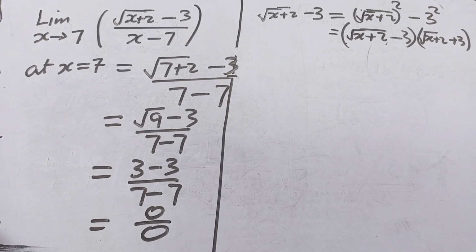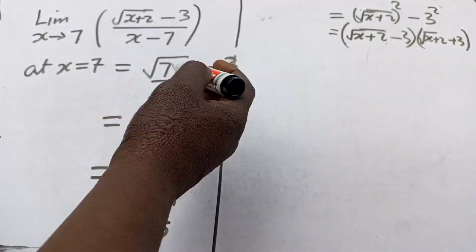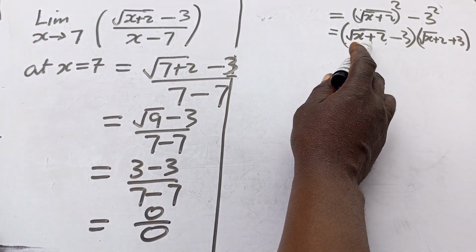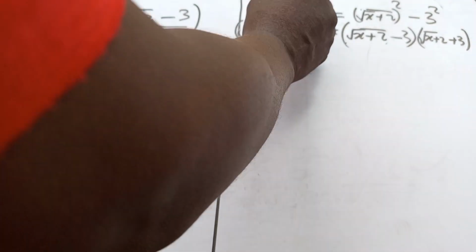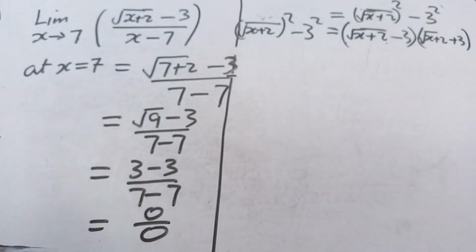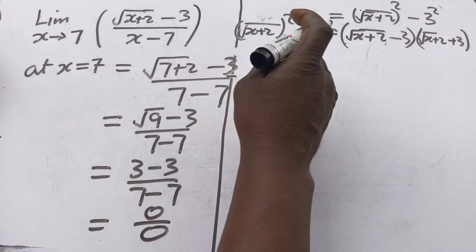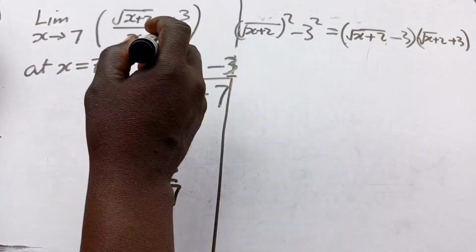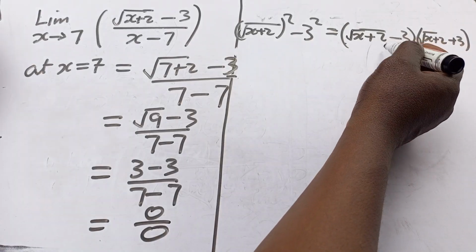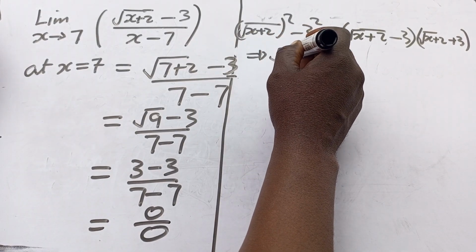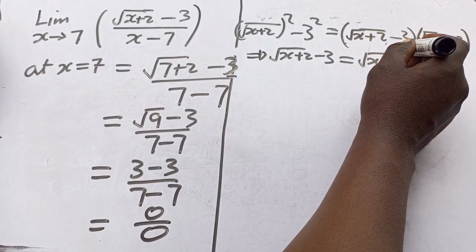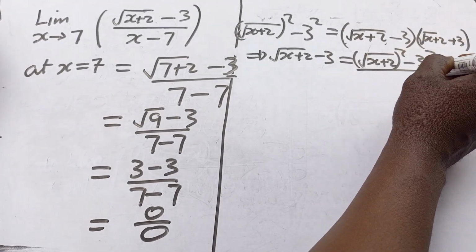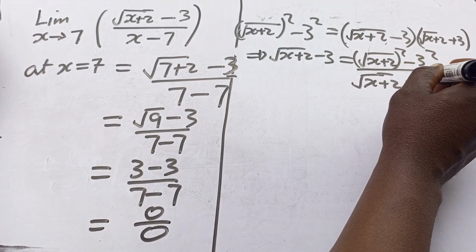So how do we now get this from that difference of squares? We see our root of x plus 2 minus 3 here. So we're saying that (root of x plus 2) squared minus 3 squared is equal to that. From there, we get root of x plus 2 minus 3 to be equal to (root of x plus 2) squared minus 3 squared, all divided by (root of x plus 2 plus 3).